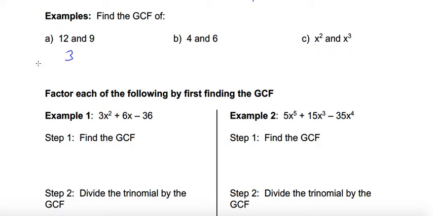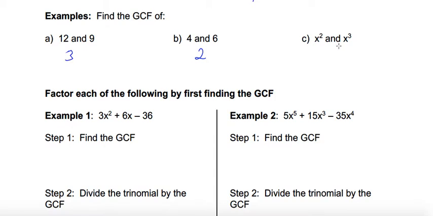You'll always have a 1 as well, so that's important to remember, but the greatest common factor is going to be 3 in this case. In part B, what is the greatest common factor for 4 and 6? What is the largest number that will divide evenly into both of these numbers? Well, in this case, it's going to be 2, because 2 will divide evenly into 4 and 6.